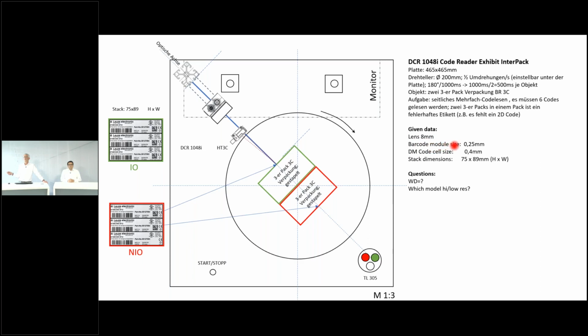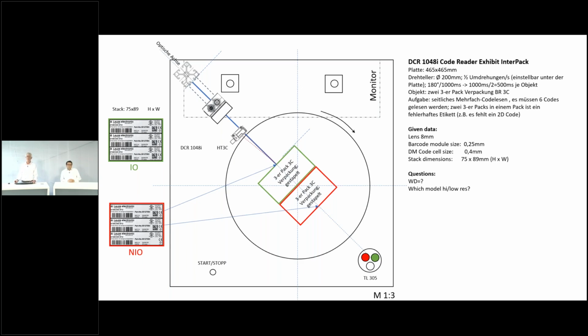Our barcode module size we know, this is 0.25 millimeter. The data matrix we know also, this is 0.4 millimeters. Then we have the stack dimensions, which are 75 times 89 millimeter. And now the question is, what should be the right distance to cover the complete image with the complete stack, and which model we should use, high resolution or low resolution model.